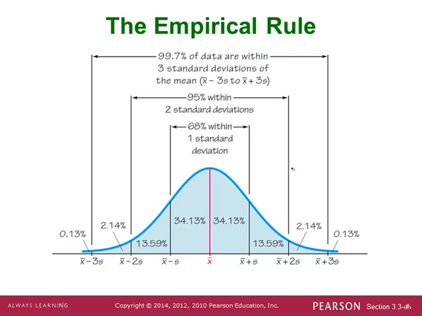Here's a picture of it with more precise numbers. Now here's the mean right here. Now if you were to go out one standard deviation below and above, you're going out 34.13% of the distribution below and 34.13% above.